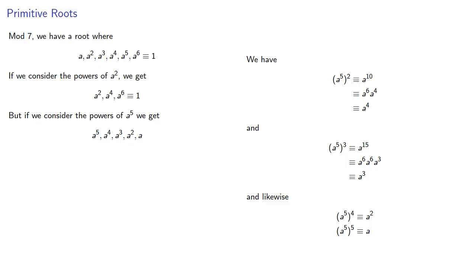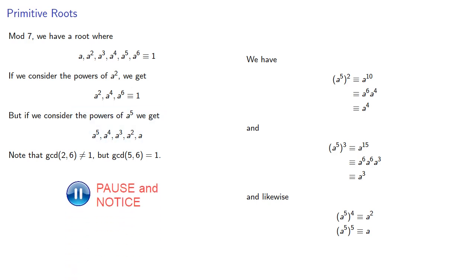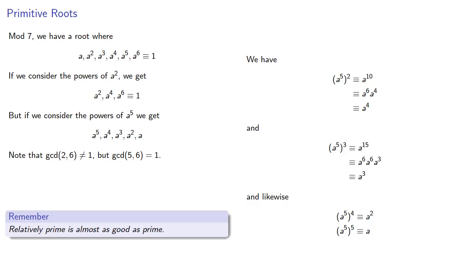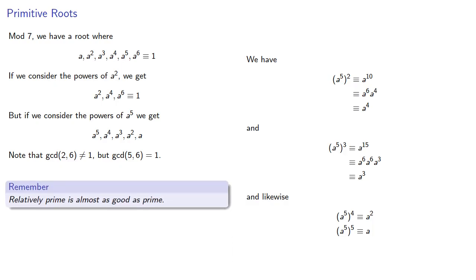So in some cases we got a full set of the powers of a, and in some cases we didn't. And the thing to notice is the greatest common divisor of 2 and 6 is not 1, but the greatest common divisor of 5 and 6 is 1. So remember, relatively prime is almost as good as prime.